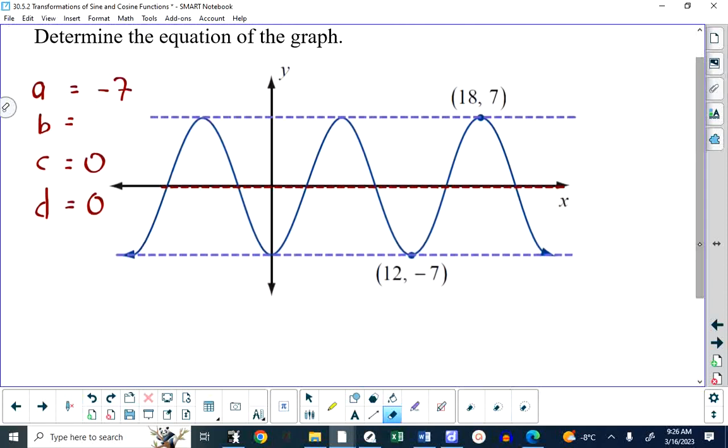Well, B is 2 pi over the period. So I want everybody to figure out what the period of this is. And that, I think, requires more thought than figuring out what the amplitude is.